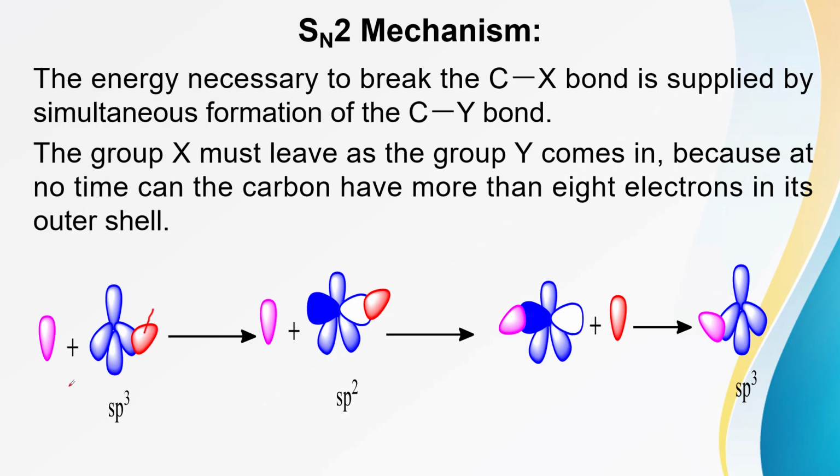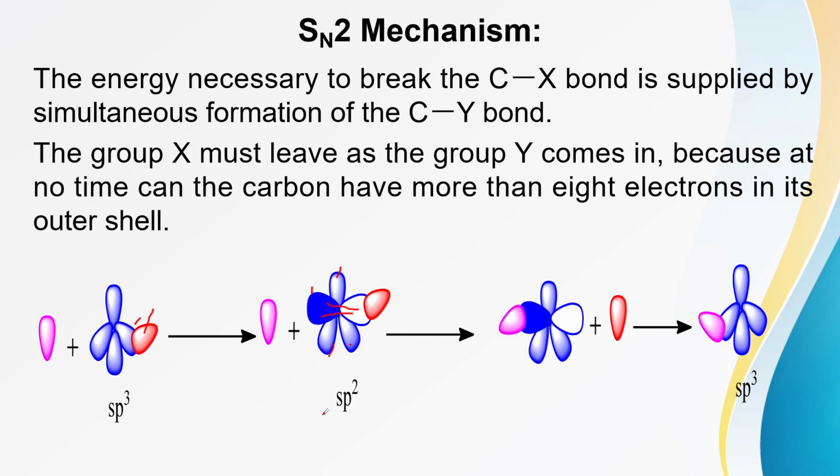So when it changes its hybridization from sp3 to sp2, it now has three hybrid orbitals and one unhybridized p orbital, which is perpendicular to the hybrid orbitals, and to this unhybridized p orbital the leaving group is attached. You can clearly see that to this p orbital, the orbital of our leaving group is attached, overlapped.